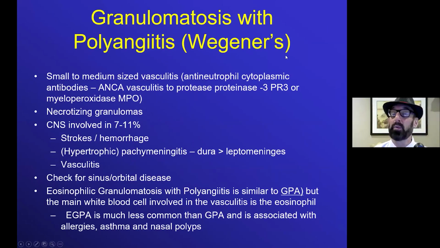With regard to what was previously called Wegener's granulomatosis, but now we refer to it as GPA, granulomatosis with polyangiitis, this is, again, generally considered a small to medium vessel vasculitis that is associated with anti-neutrophil cytoplasmic antibodies.